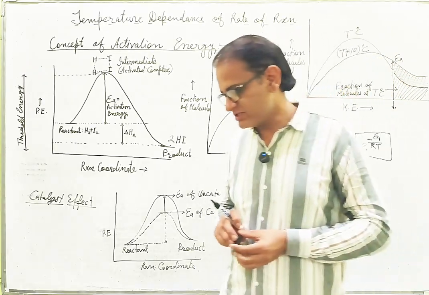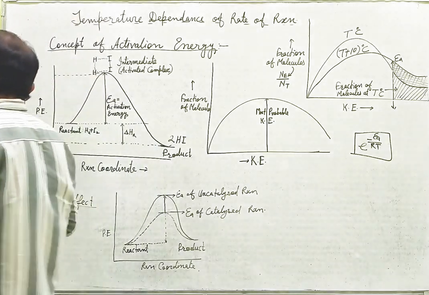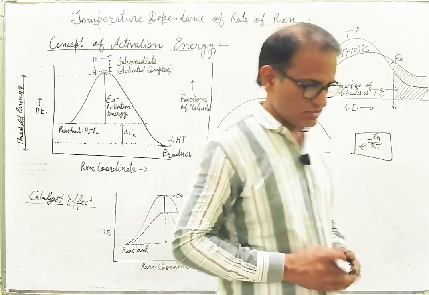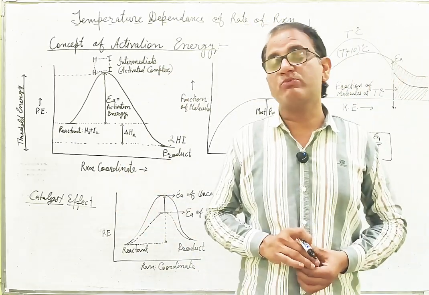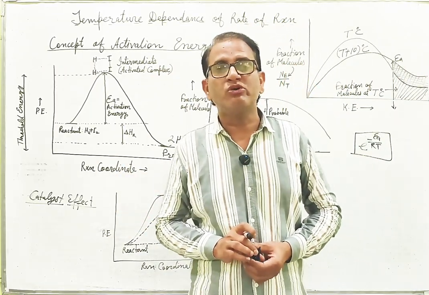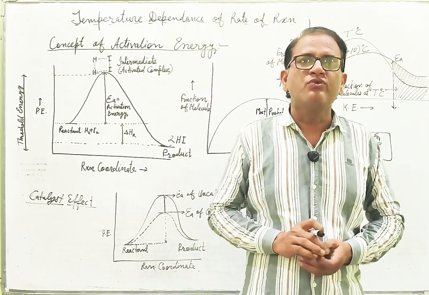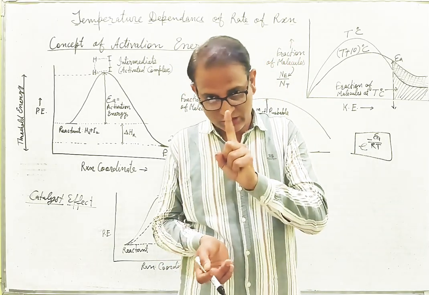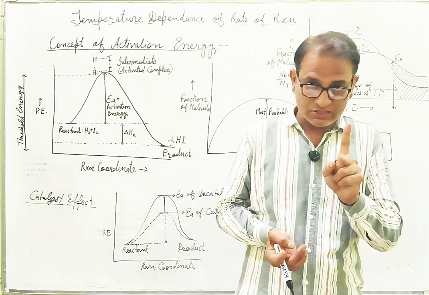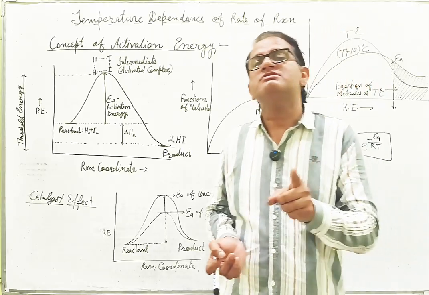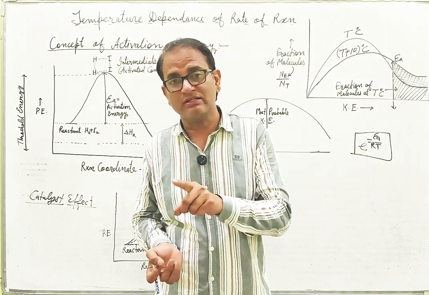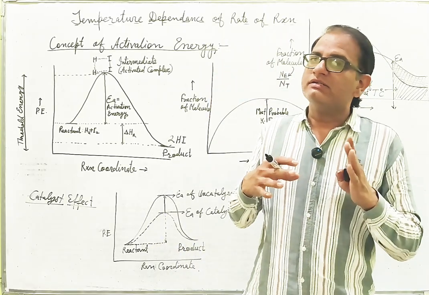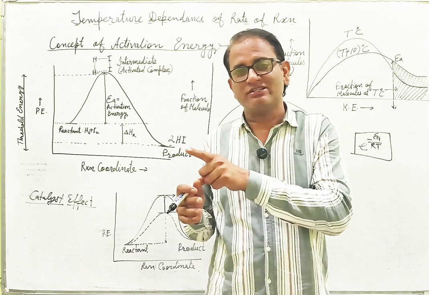Another term used when we study catalysts is promoter. A promoter is a substance which increases the efficiency of a catalyst. It does not take part in the chemical reaction, but increases the efficiency of the catalyst.